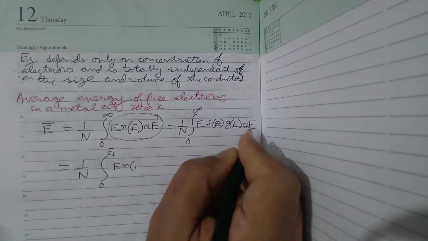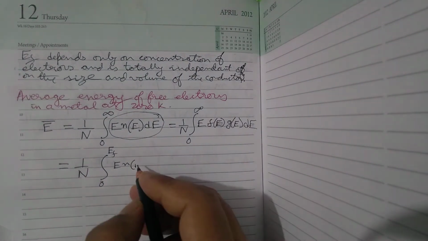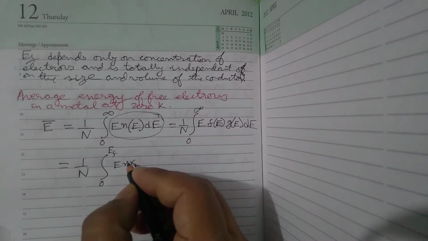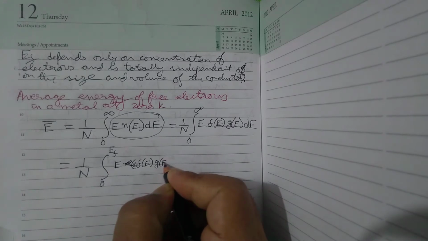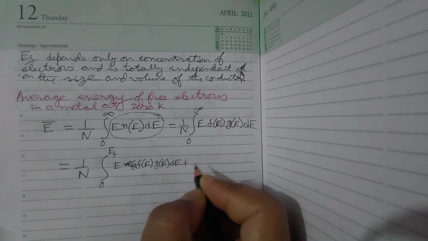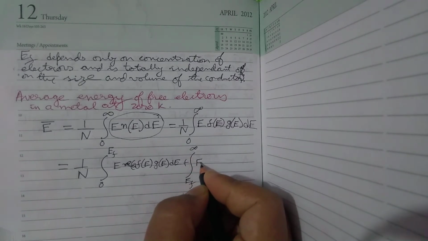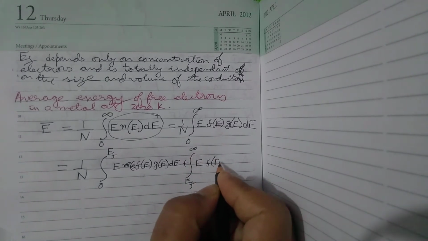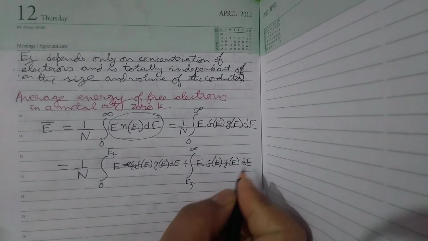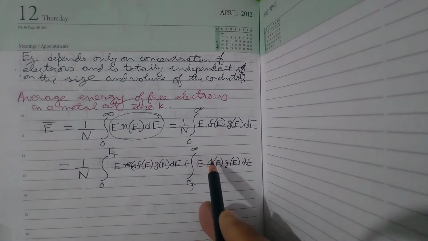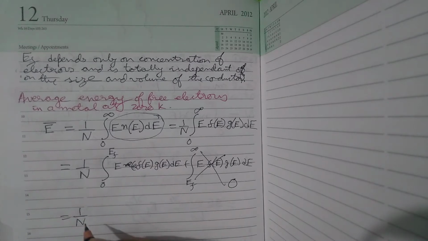So this is 0 to EF, E into F(E) G(E) dE, plus EF to infinity, E F(E) G(E) dE. Now this second part will always give you 0, so only you have to do the integration of the first part.